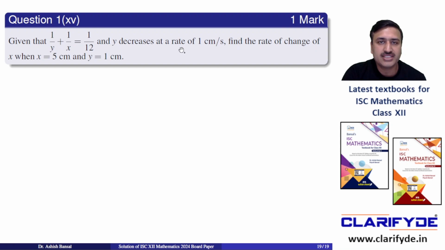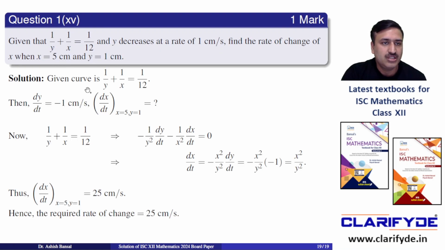And the last part, question number 1, part 15, we are given a curve and we are given that y decreases at a rate of 1 centimeter per second. We have to find the rate of change of x when x equal to 5 centimeter and y equal to 1 centimeter. So given curve is this, we are given dy by dt as minus 1 centimeter per second because it is decreasing, so there is a negative sign. We have to find dx by dt at x equal to 5 and y equal to 1.